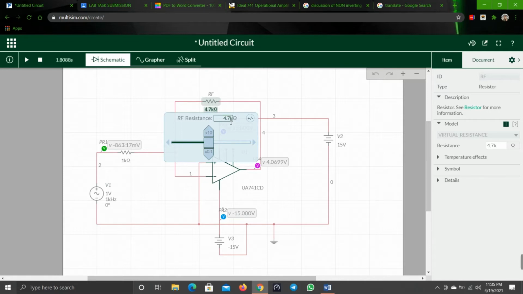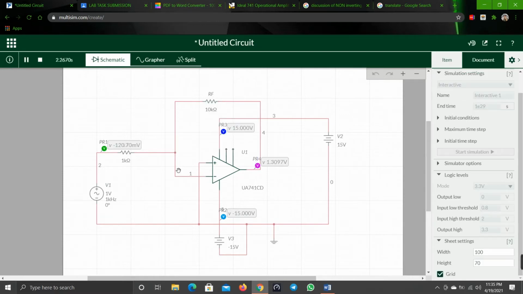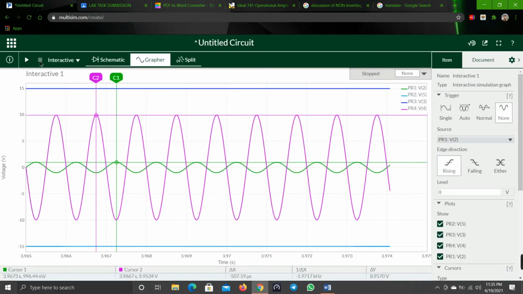We run it. Go to the next step. This graph, and get the measurement. We go through to the 3.3k.